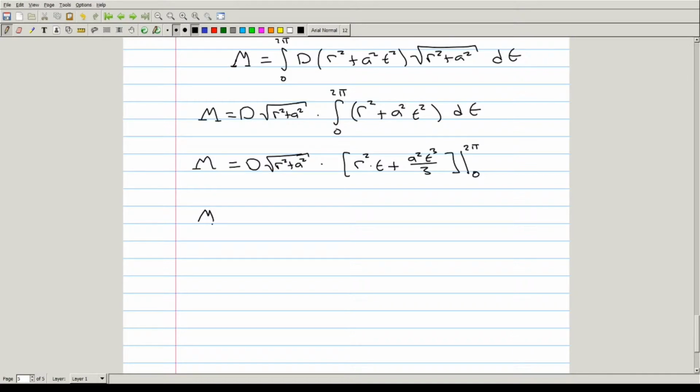So the total mass is equal to d times the square root of r squared plus a squared times r squared times 2 pi plus a squared over 3 times 2 pi cubed.